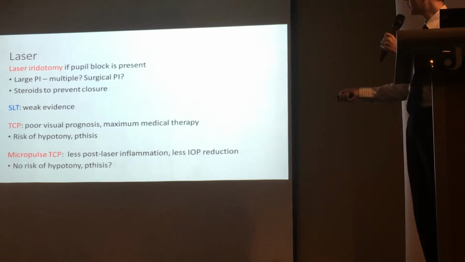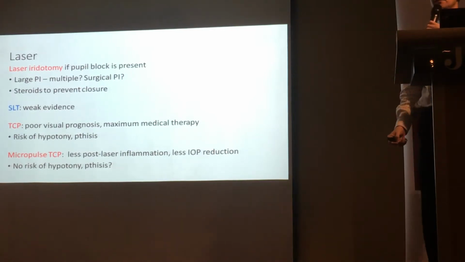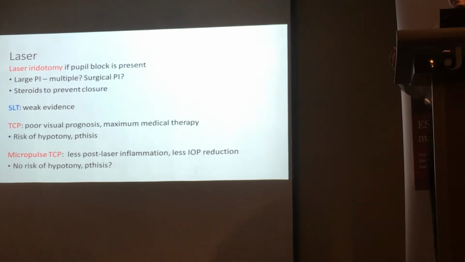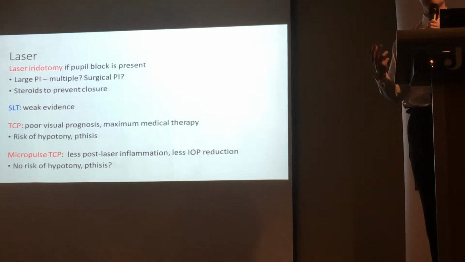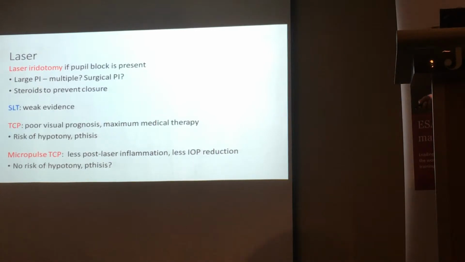But now, with the advent of micropulse TCP, this is a much milder laser application, so there is less destruction of ciliary cells in the ciliary processes, so there's less inflammation post-surgery, but there is also less IOP reduction. You can get fairly decent IOP reduction, but it is not going to be as dramatic.